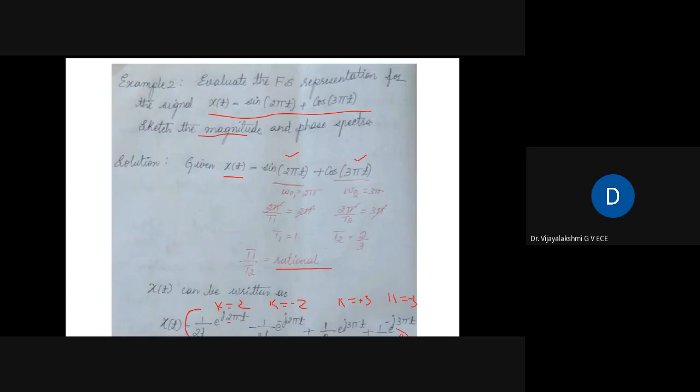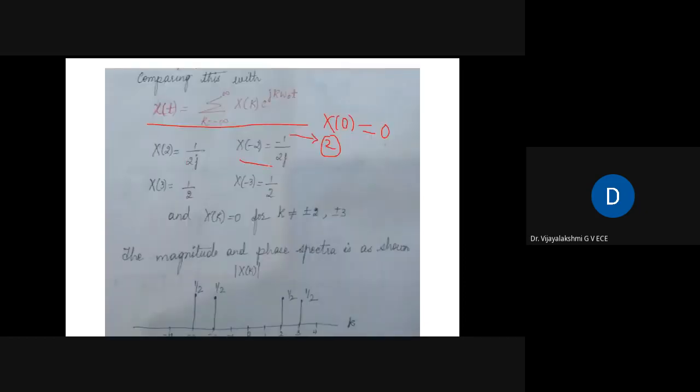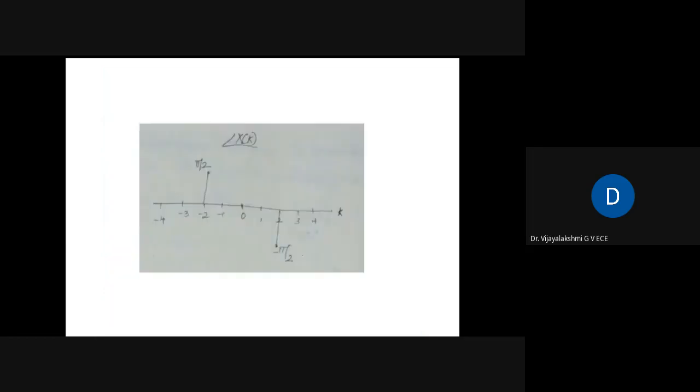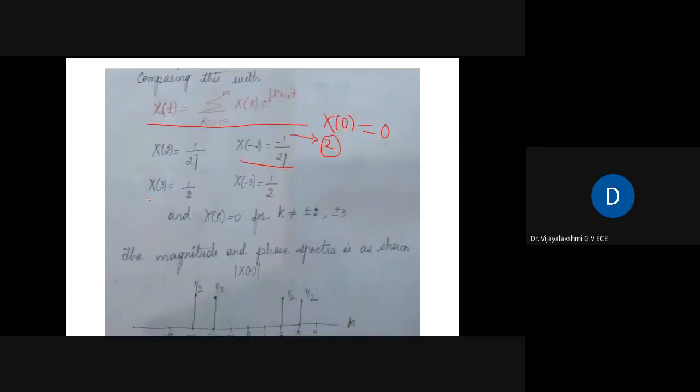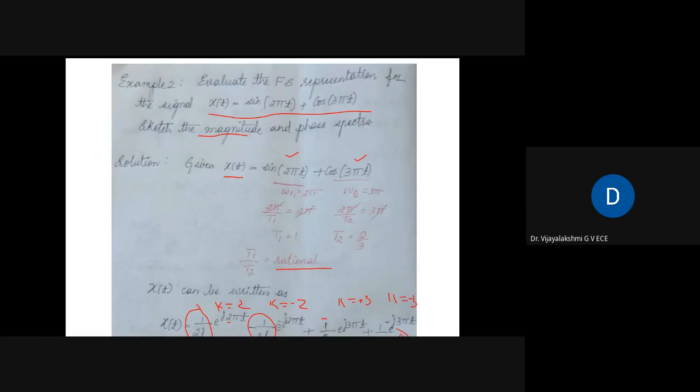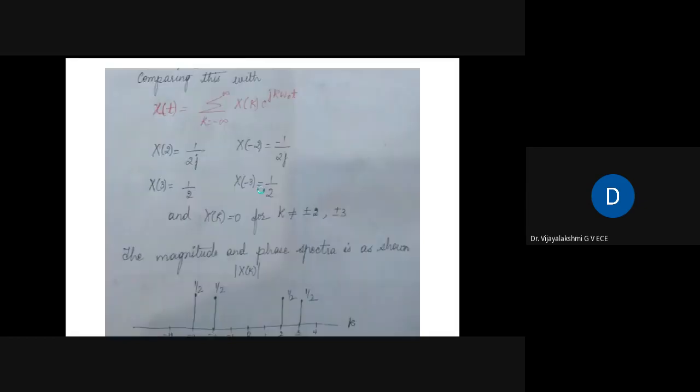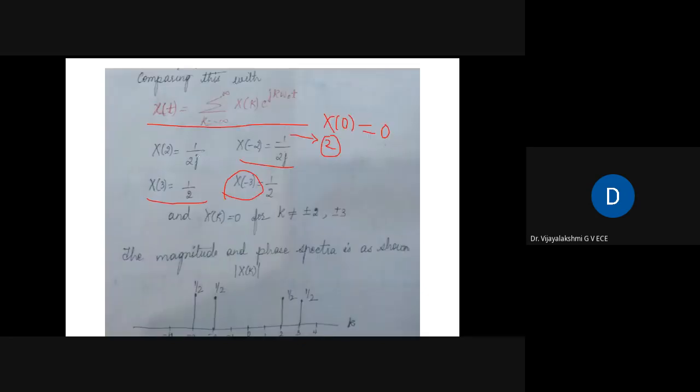And x of minus 2 is equal to minus 1 over 2j. Next, x of 3 is equal to 1 by 2. Next, x of minus 3 is equal to 1 by 2. And x of 0 is equal to 0.